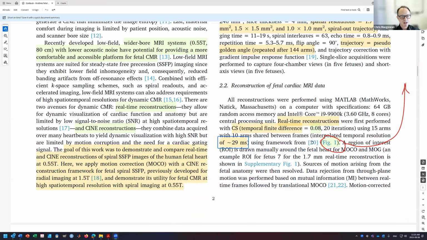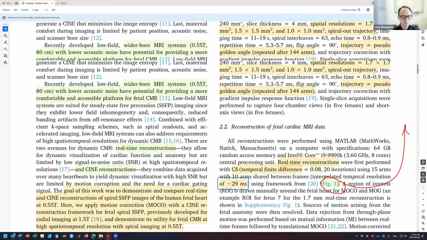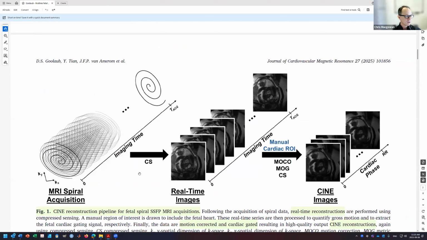The reconstruction of these data is actually summarized at the top, and maybe I'll scroll up to speak from that. So this was, as I mentioned, a spiral SSFP acquisition with golden angle.